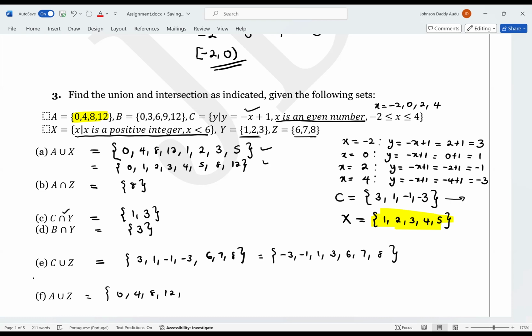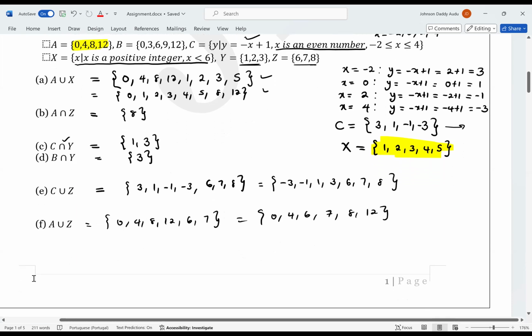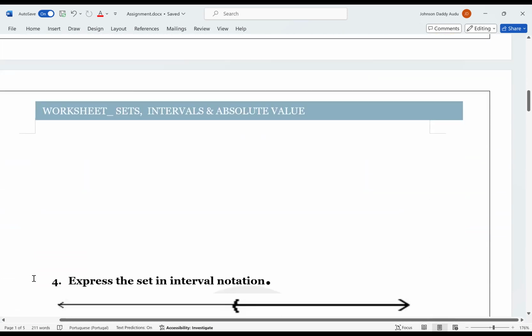So it means you will add 6, 7 only, because already there is 8, which you can rearrange as 0, 4, 6, 7, 8, 12. Hope I did not miss out any number. So you can check. If you miss out anything, you can just put it in the comment section.